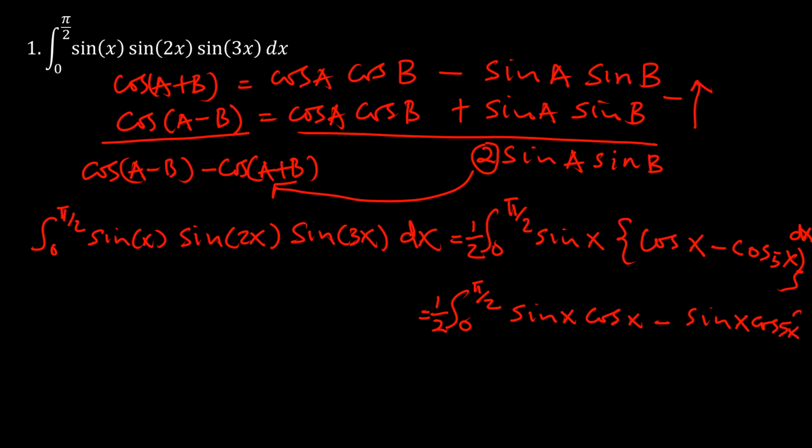Okay, so this now becomes sine x cosine x, which is half of sine 2x.